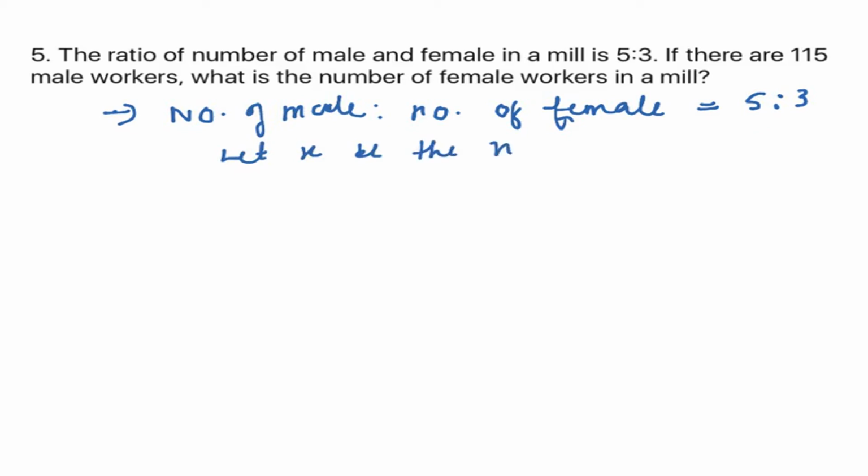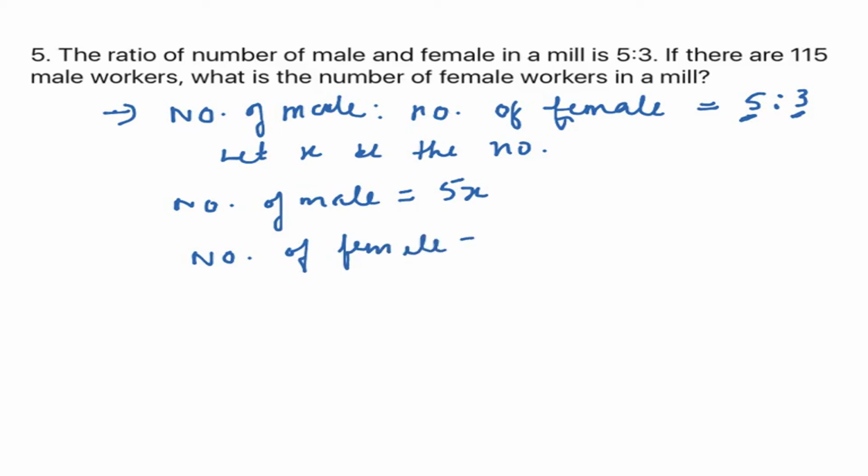So it means number of male will be how much? 5x. Number of male will be 5x, because we don't know the number and they have given in the ratio 5:3. So here 5 represents number of male and 3 represents female. So the number of male will be 5x and number of female will be 3x.